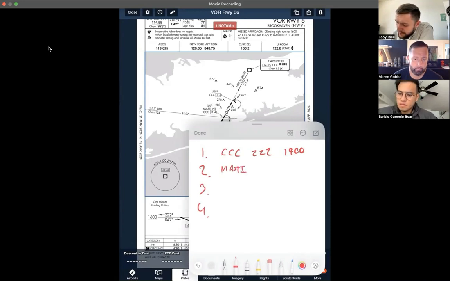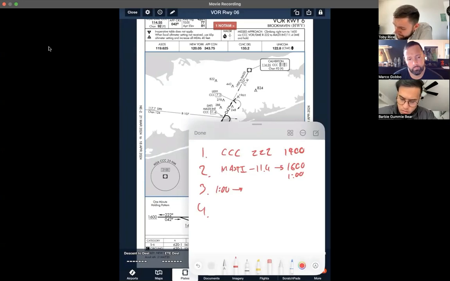Which is 11.4 DME or whatever. Descend to 1600 and time for 1 minute. Right? Then you say at 1 minute, turn back to intercept and call it 360 heading or something like that.